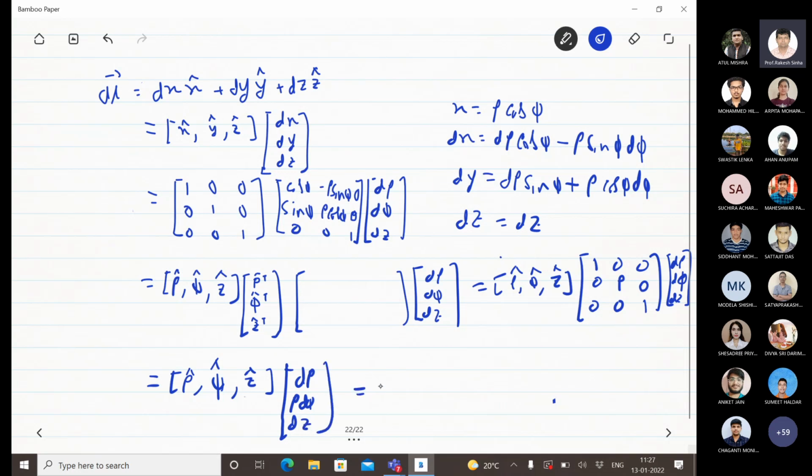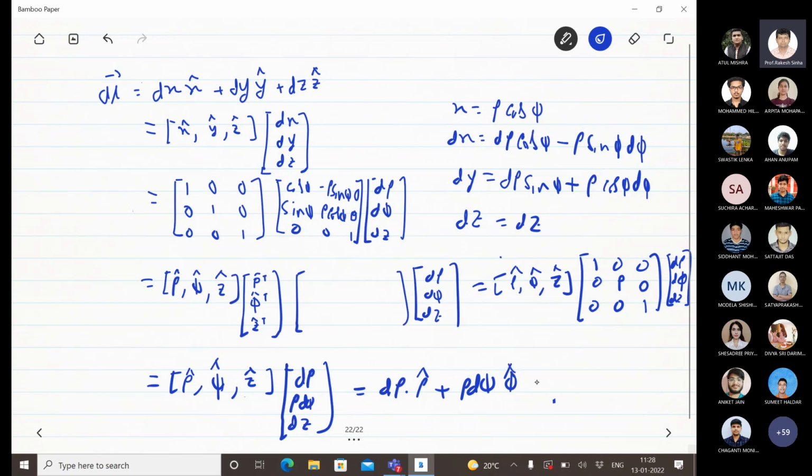Now if I multiply this, what is the final result? You have d rho in the rho direction, plus rho d phi in the phi direction.